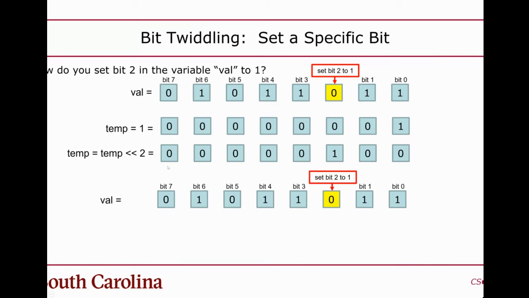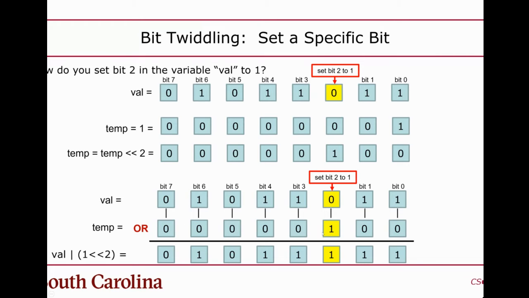Then if you do a bitwise OR, which merges two values together, the 1 bit that we've maneuvered into bit position 2 in the temporary variable, once you OR it with val, will effectively ensure that bit 2 in the result is set to 1.